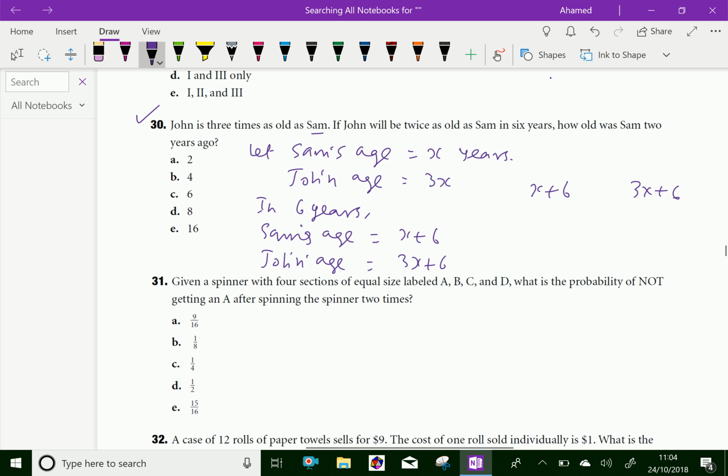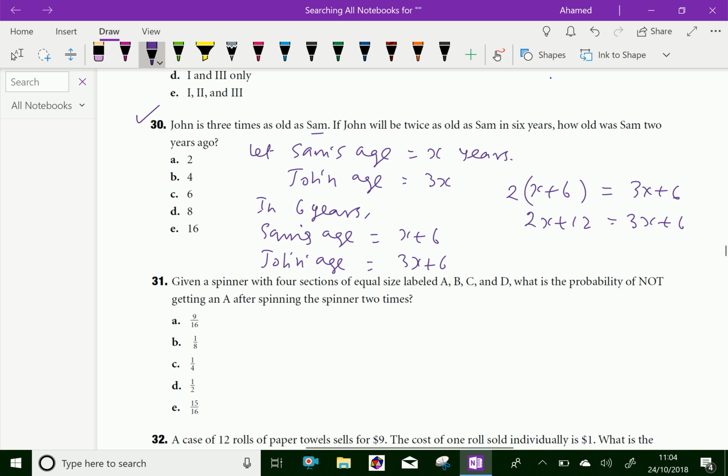So John will be twice as old as Sam in 6 years, therefore we multiply Sam's age by 2 to make it equal: 2x plus 12 equals 3x plus 6.